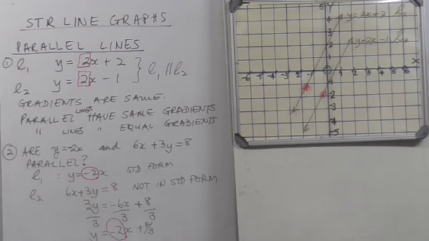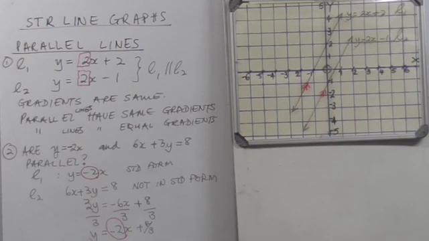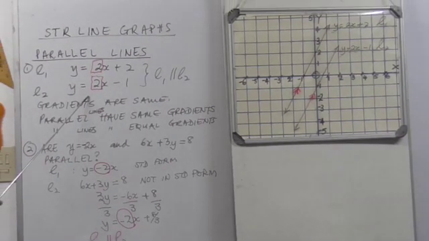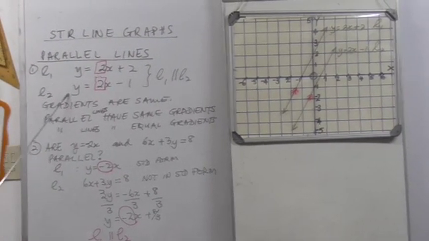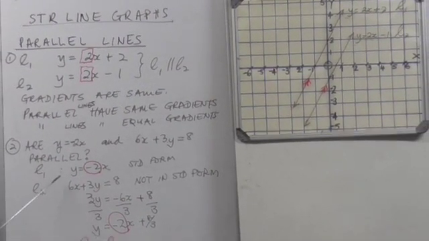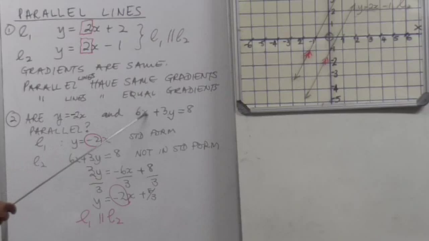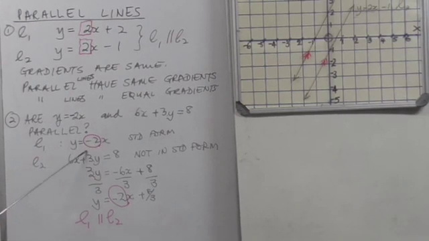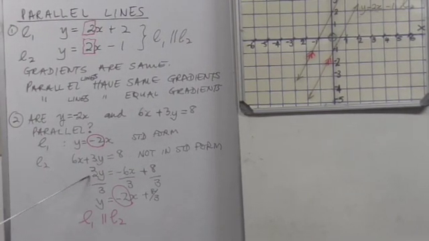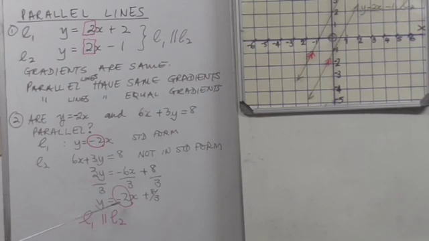Alright, those are the kinds of questions that you can be asked on parallel lines. You can be given these two and asked, are they parallel? They are in standard form, gradients are equal, therefore they are parallel. In this case, are these parallel? Number 1 is fine, it's in standard form, just write it down. Number 2 is not in standard form, so bring it to standard form, then compare.